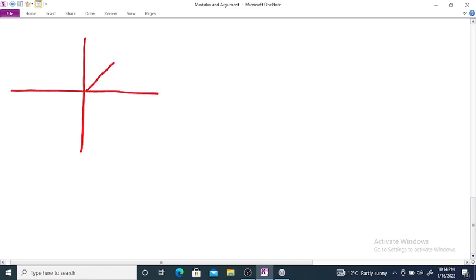Suppose it lies in the first quadrant, say here is z, then the principal argument theta is equal to tan inverse of y by x.